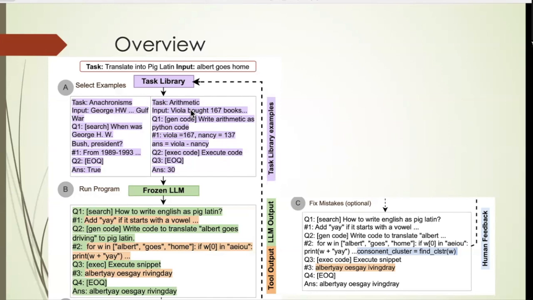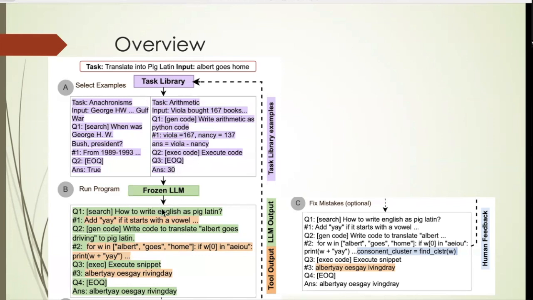For example, this is an arithmetic task, like math calculations. They can be a code generation task. They can also be a language reasoning task. So they basically prepare lots of tasks and also the step-by-step reasonings and responses to solve those tasks. So they have a task library that you can choose from to construct your prompts.